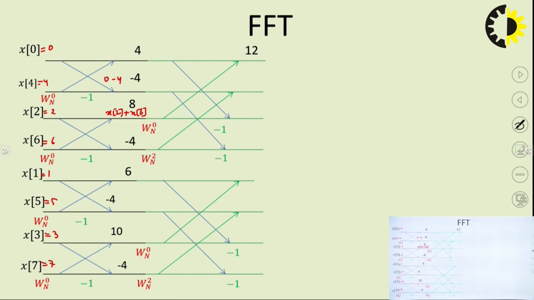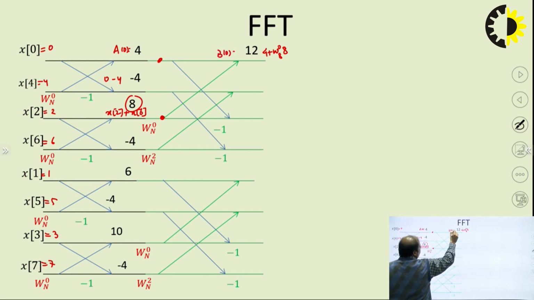So if I now calculate at this stage, this will be 4 plus W8 raised to the power 0 multiplied by 8, because this is 8, isn't it? So if these are my a of 0, this will be b of 0, and b of 0 comes out to be 12.